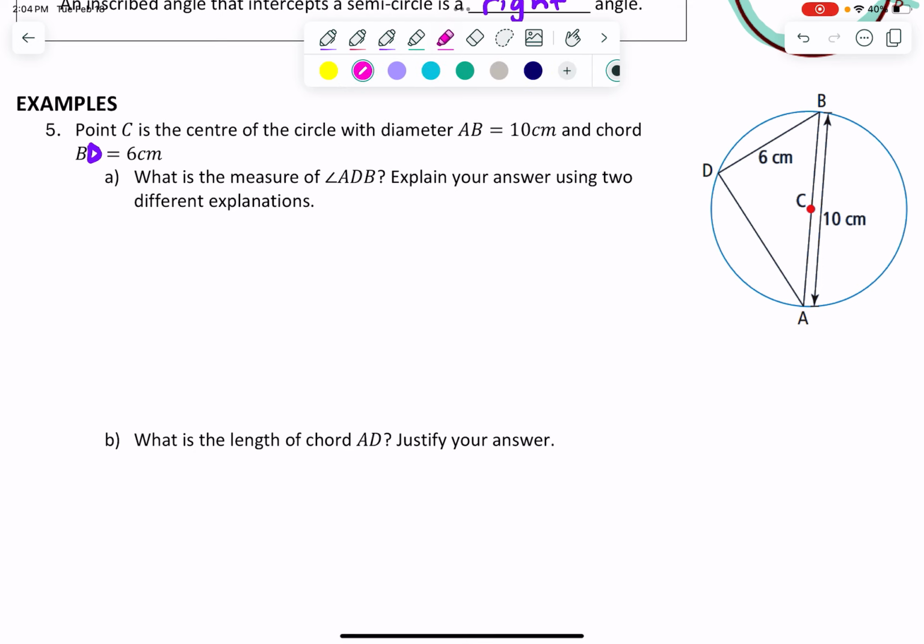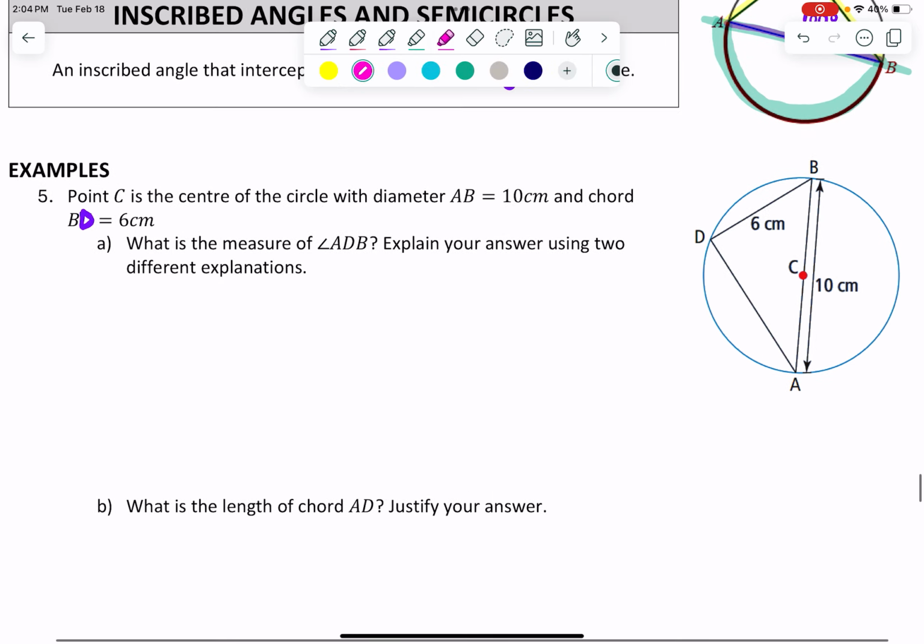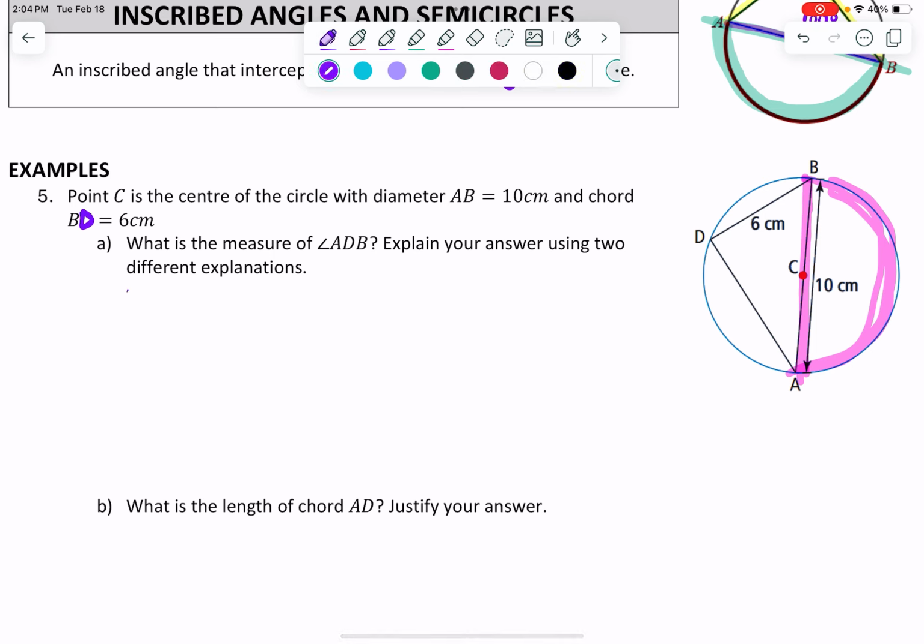Okay, so way number 1 is just the property that we talked about. If this is the diameter, then that means that we are intersecting a semicircle, okay? So angle ADB is going to be equal to 90 degrees.